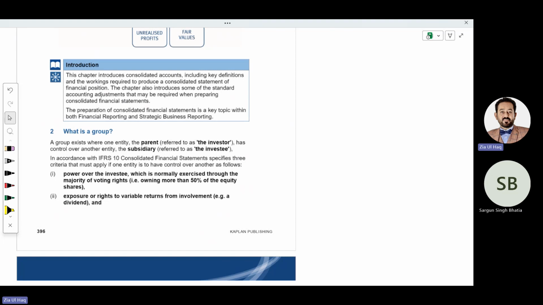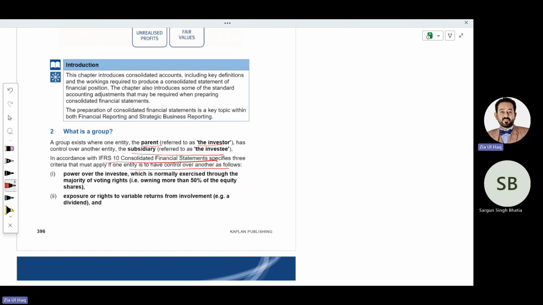So a group exists where one entity, the parent, referred to as the investor, has control over another entity, the subsidiary, referred to as investee. In accordance with IFRS, consolidated financial statements specify three criteria that must apply if one entity is to have control over another, as follows.